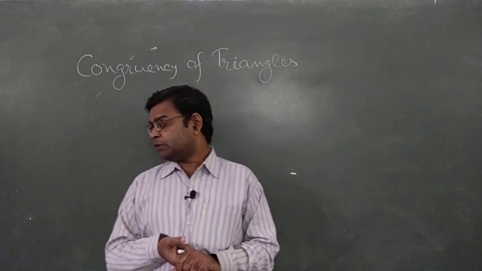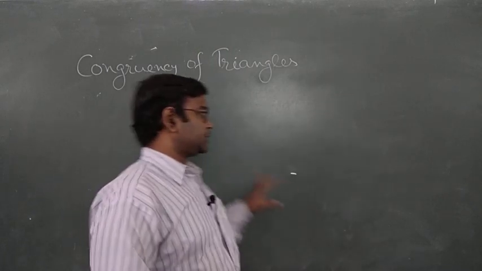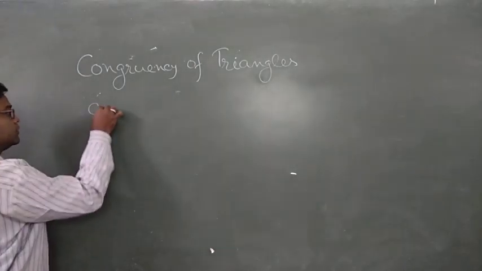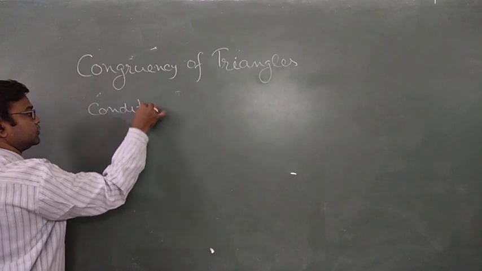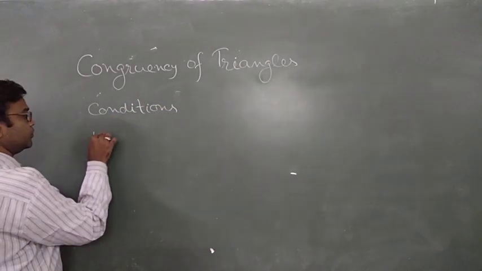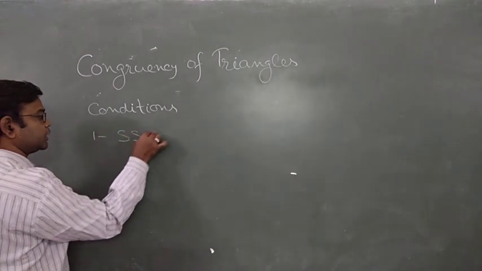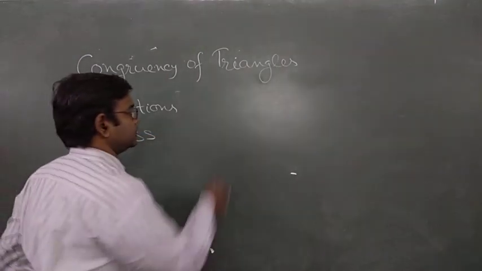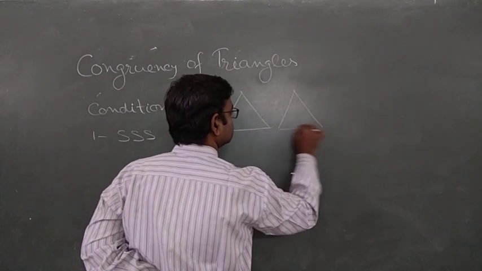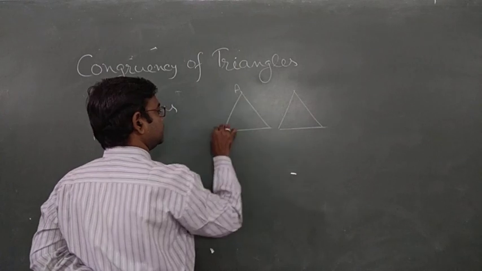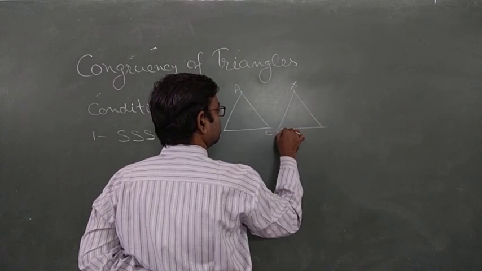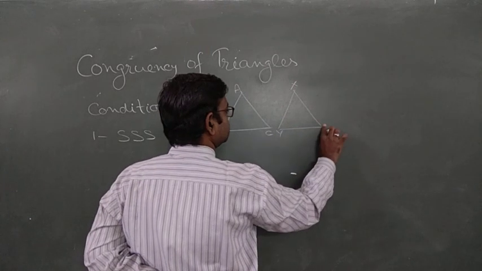So, what are the conditions of congruency? Let's start. Conditions. The first condition is: suppose we have two triangles, give the names A, B, C, and this one X, Y, and Z. Clear?